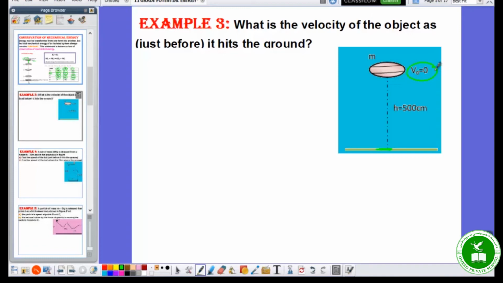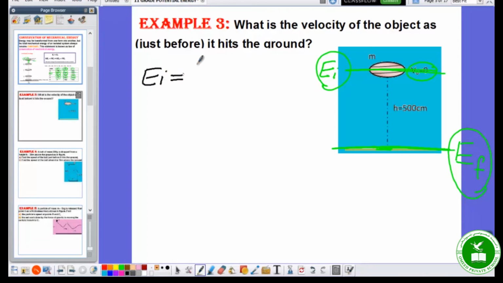Energy at this level, let's say initial energy, should be equal to energy at this level, let's say final energy. According to conservation of mechanical energy, initial energy should be equal to final energy. Now let's use this concept.